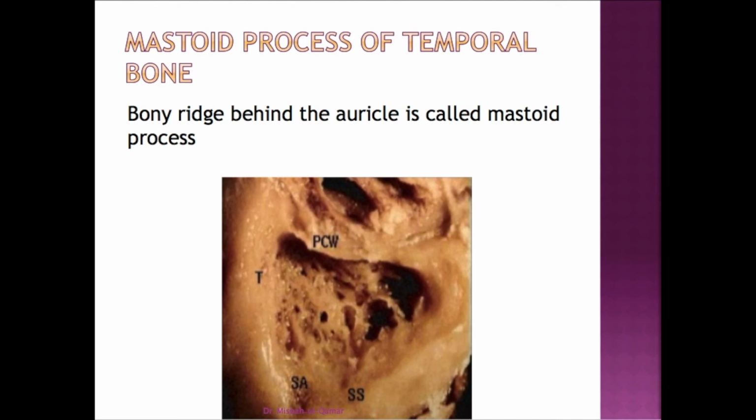So I told you that the major part of the ear is embedded in the bone, in the temporal bone. And then I mentioned that the mastoid process also is to some extent involved in the hearing process.